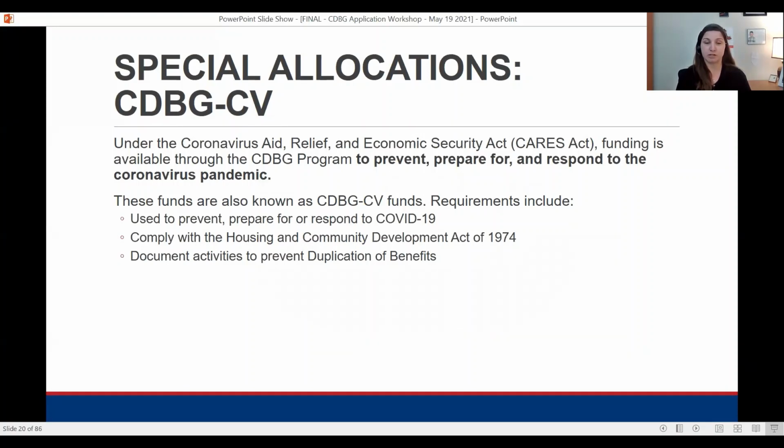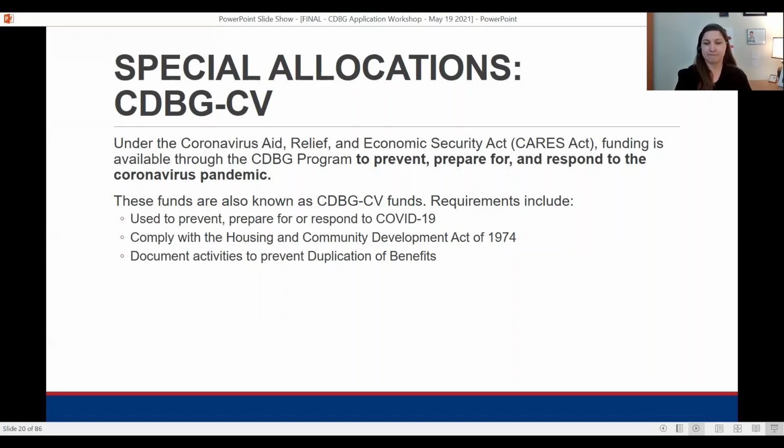So again, this special allocation that is specific to the coronavirus pandemic is referred to as CDBG-CV. Here in New Hampshire, we received about $14 million across 3 separate allocations of funding, and we have been working to disperse that to communities in various ways to prepare for and respond to the coronavirus pandemic.